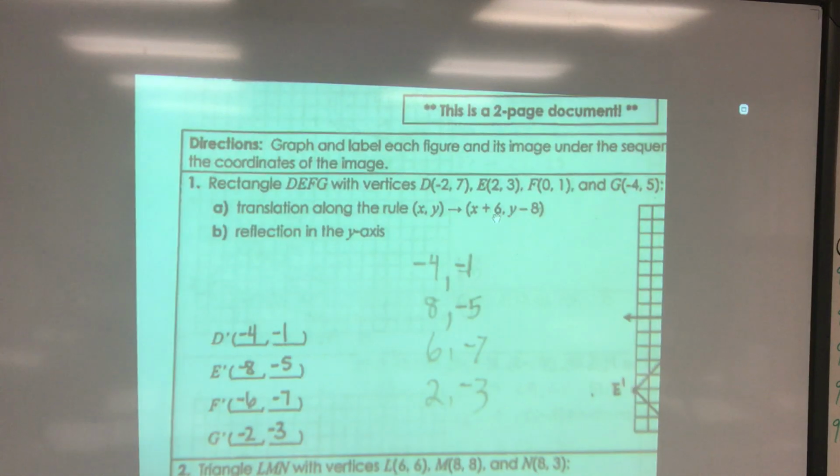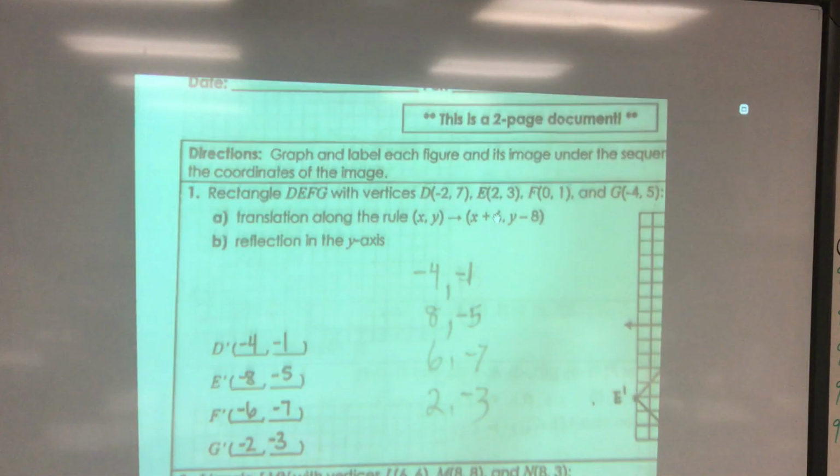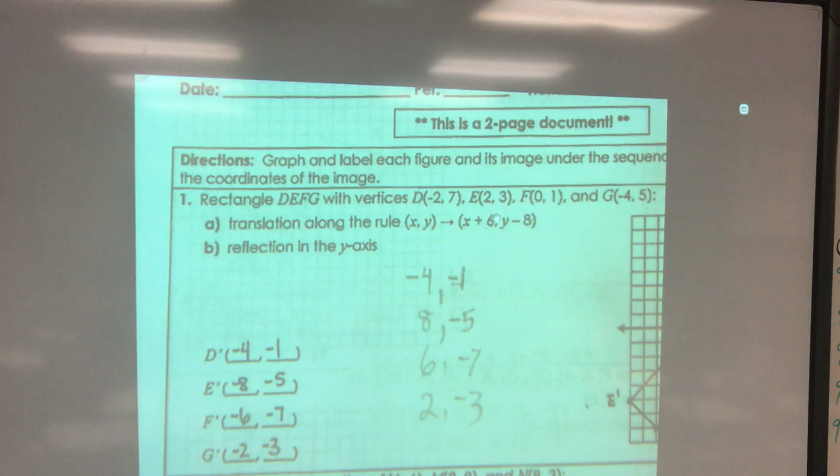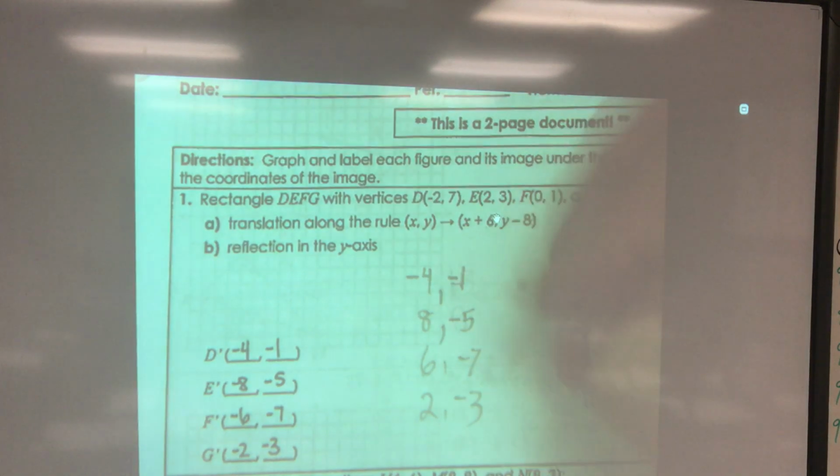But then I have to reflect across the y-axis. If you look at the rules right next to the American flag where it says reflecting rules, go down to the second one, where it says y values are the same and x values change the sign.